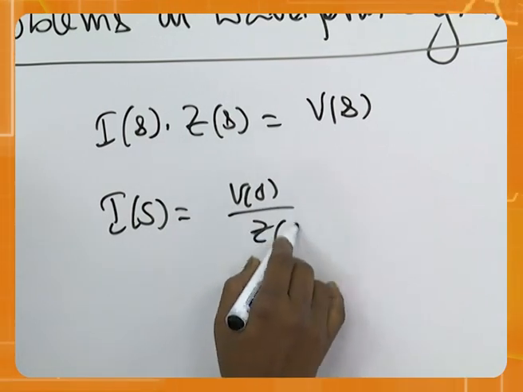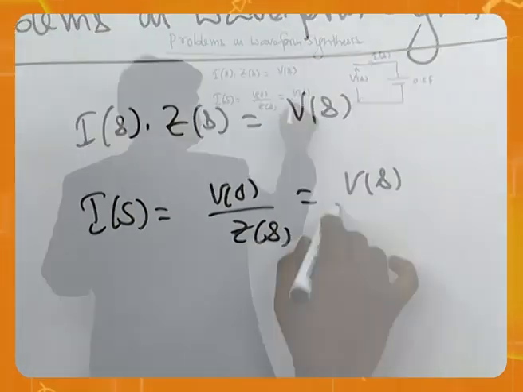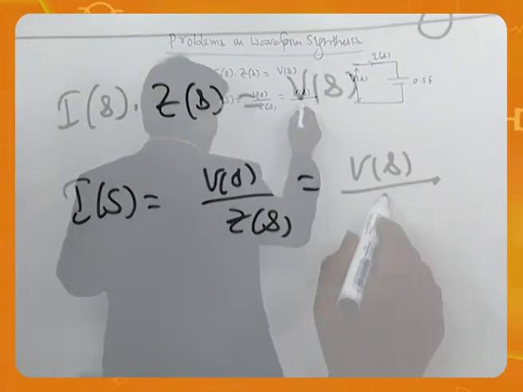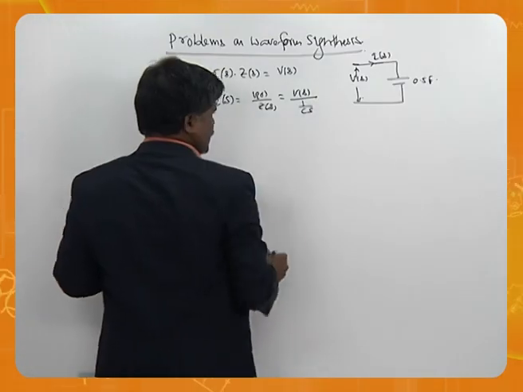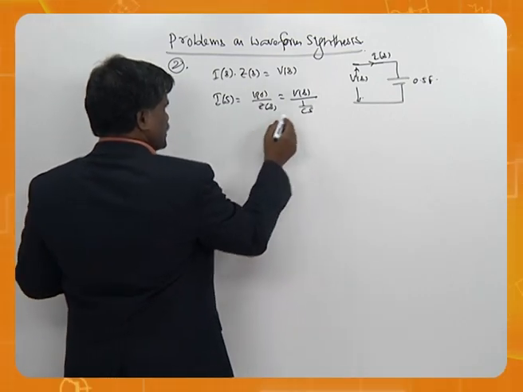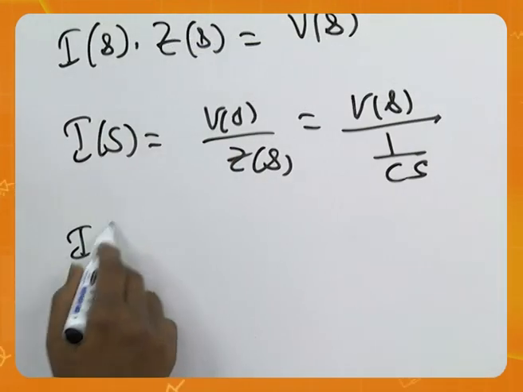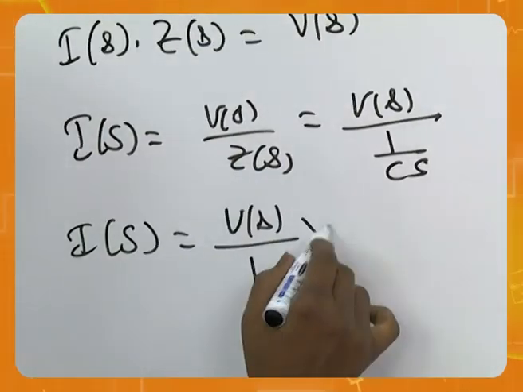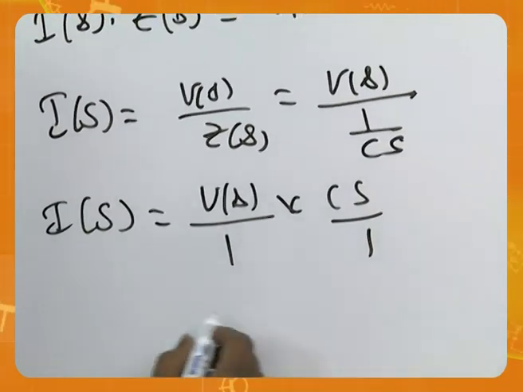V of S by Z of S. What is Z of S of a capacitor? For a capacitor, it is 1 by Cs. Then this is nothing but V of S by 1 by Cs.